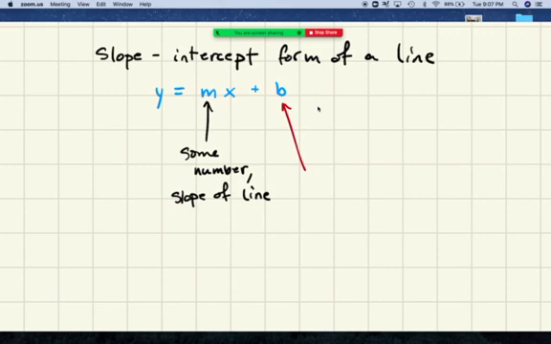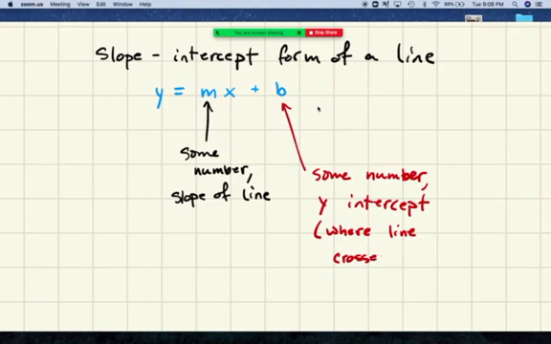b is also going to be some number, and it's called the y-intercept. All that means is wherever this line, when you graph it, crosses the y-axis. So that's really all it means.